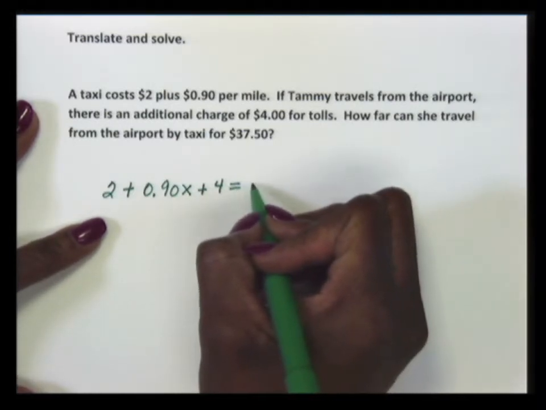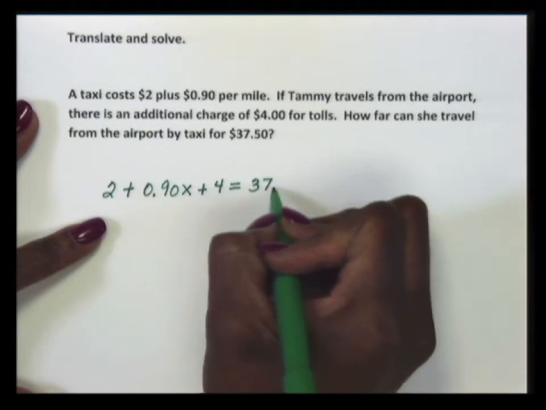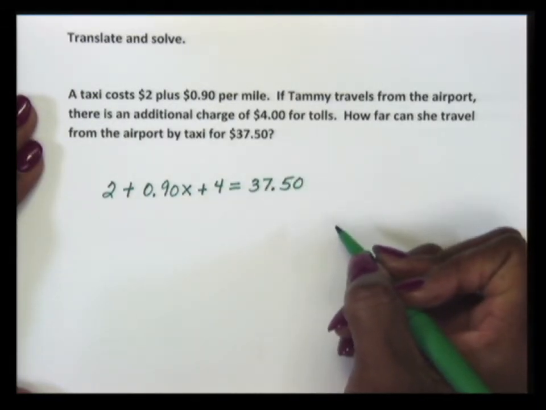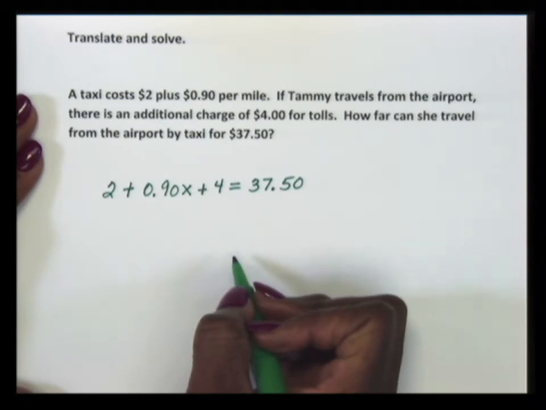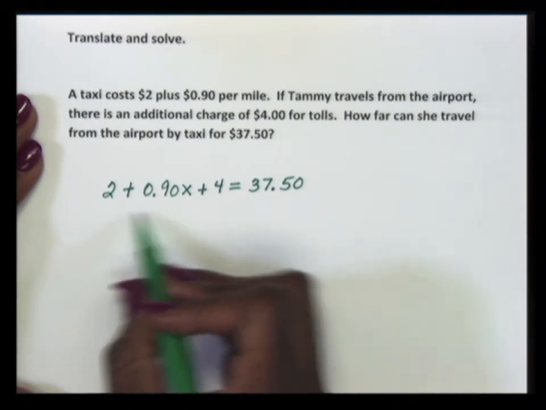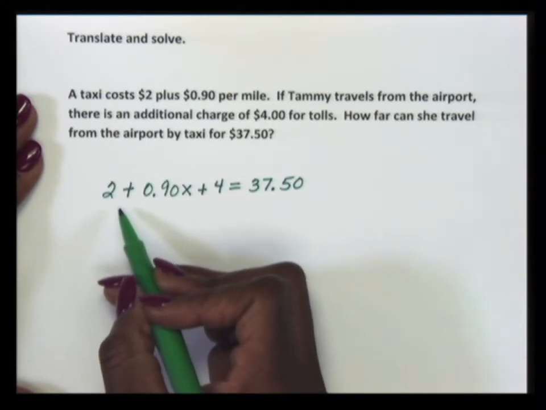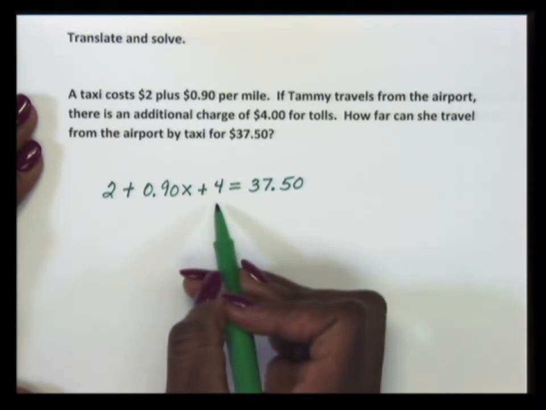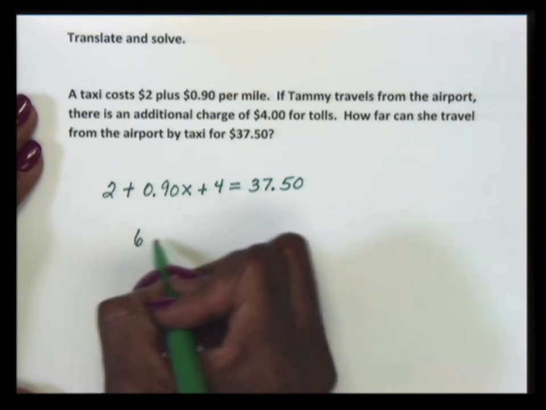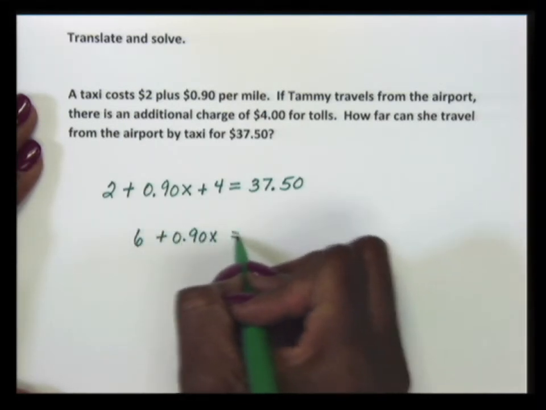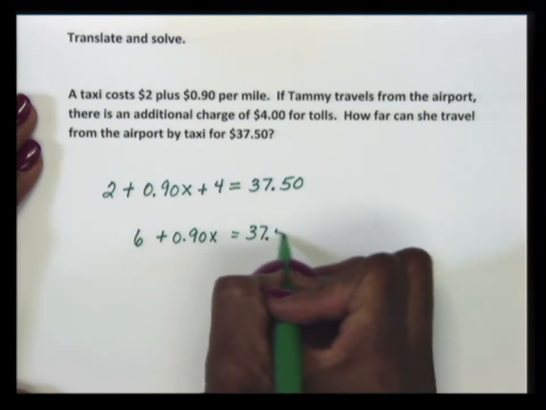So we'll set this equation equal to $37.50. As an equation, the first thing we'll do is combine any like terms on the left-hand side. So here we have the 2 and the 4. So we'll have 6 plus 0.90x equal to the 37.50.